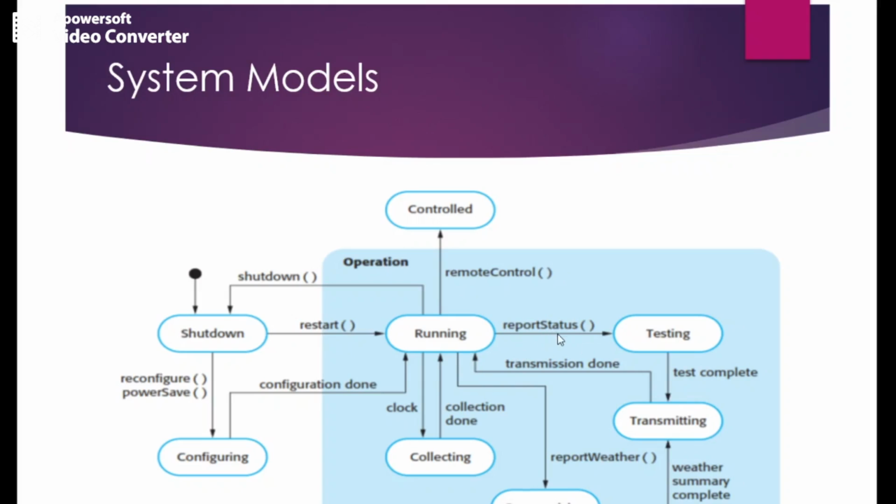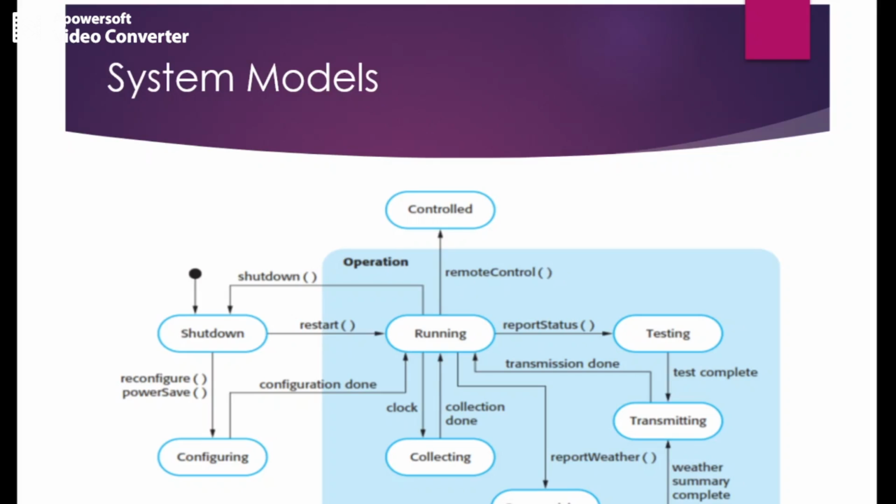And now if it receives a report status message, it will move to testing state. Once the testing is complete, it will move to transmitting state, and from transmitting state, it moves to running state. And if it receives any clock signal, then it will move to collecting state, where it will collect all the data from various sets of instruments.